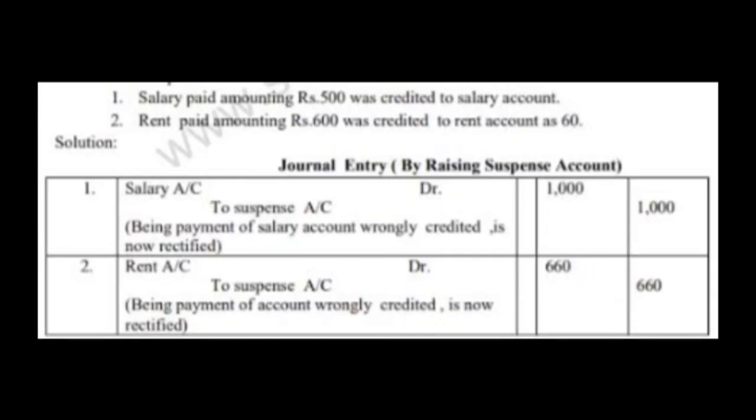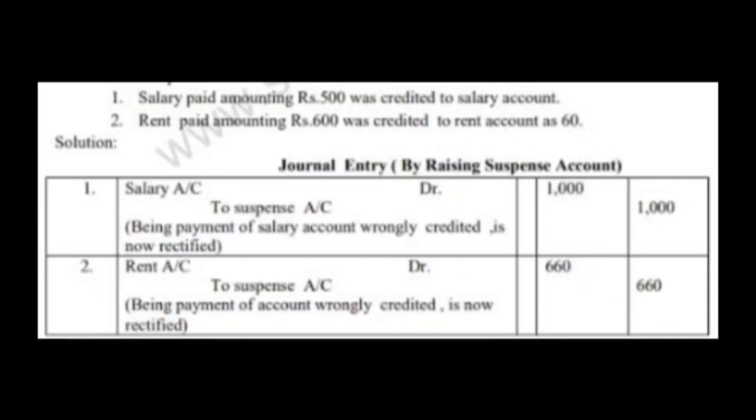Then in example number 2, the same mistake has been repeated. Rent paid amounting to 600 was credited to the rent account as 60. Now you have to do two things here as well. First, you have to reduce the thing which has been recorded wrongly on the credit side, and you have to record the original entry on the debit side as well.